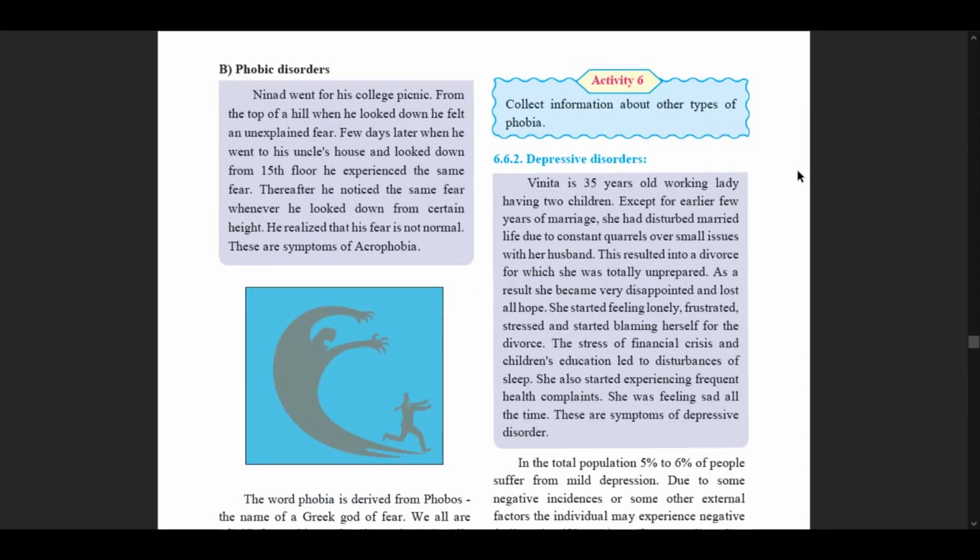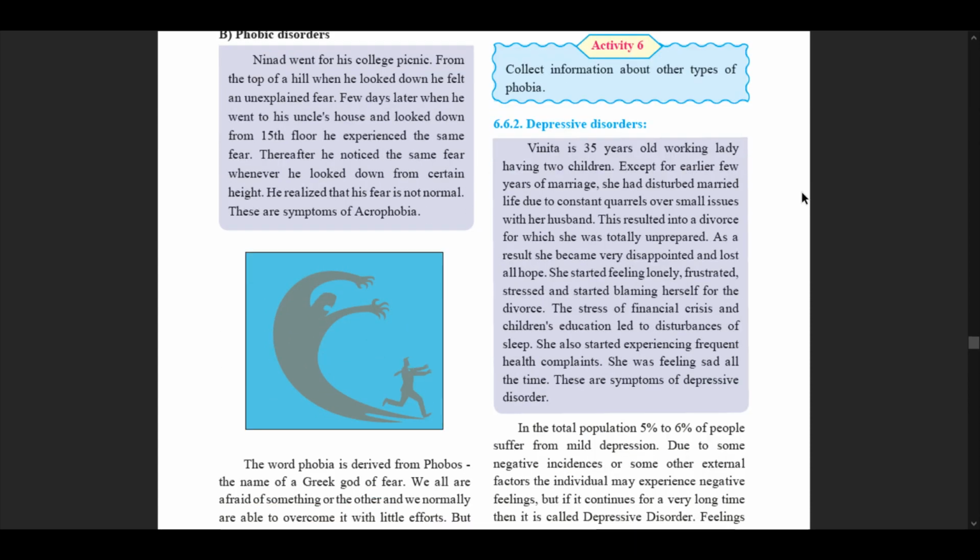Then we move forward to unit 6.6.2, depressive disorders. We have an example here as well, an individual by the name of Vinita. Vinita is 35 years old, a working woman with 2 children.